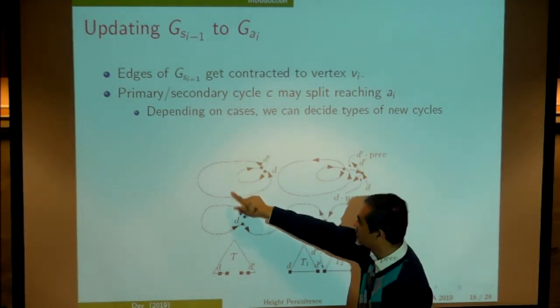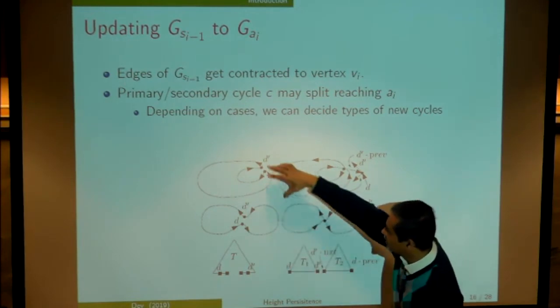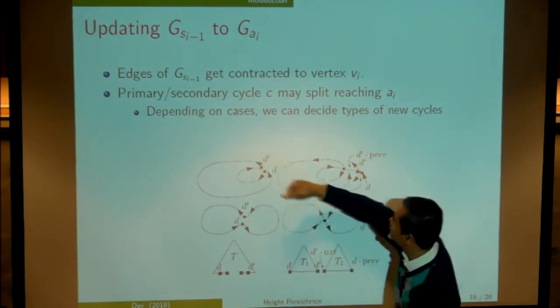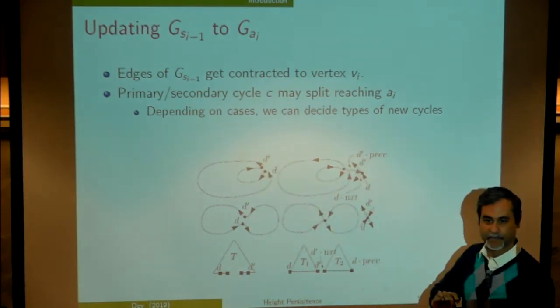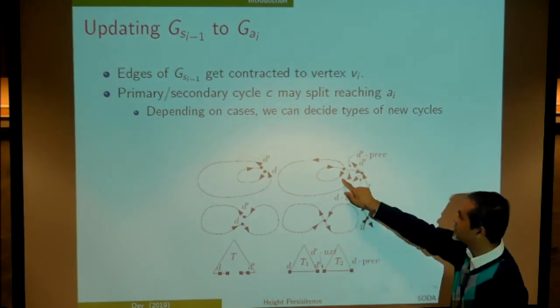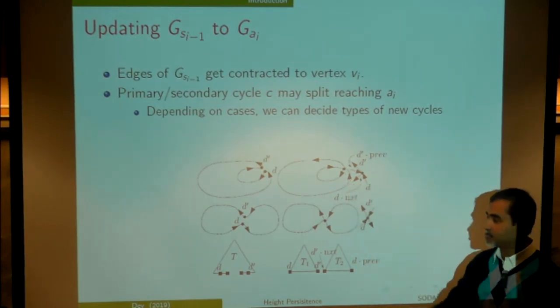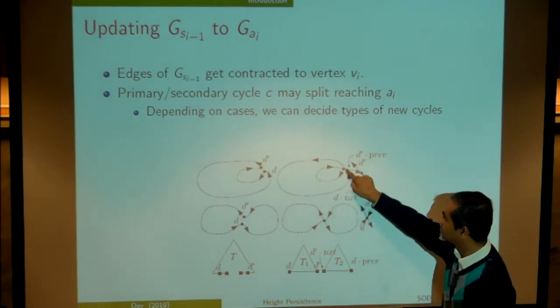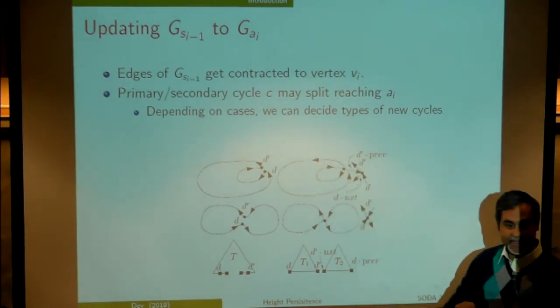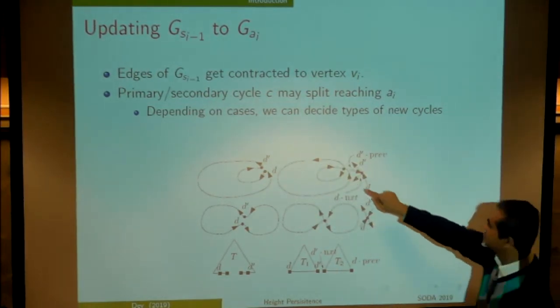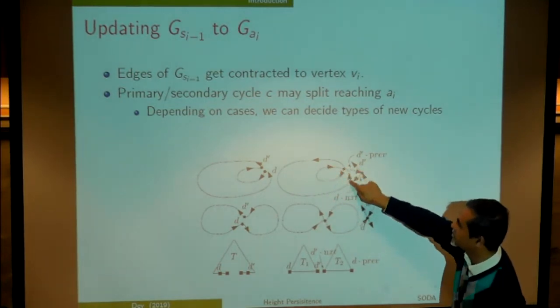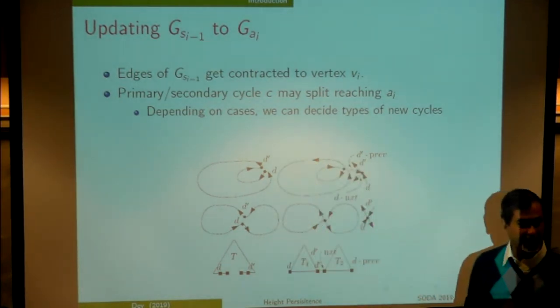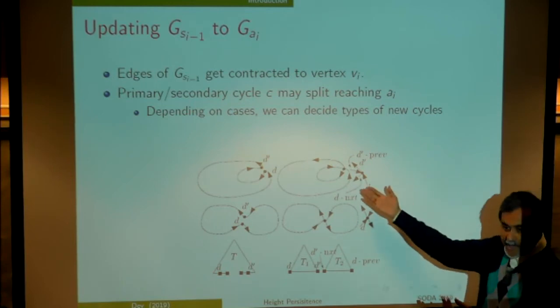So this is a secondary cycle. It can happen that the secondary cycle comes and these 2 come together. When it comes together, it splits this cycle into 2. This is one cycle, the other cycle is this one. Among these 2, one is primary now, the other one remains to be secondary. So this is only an example.